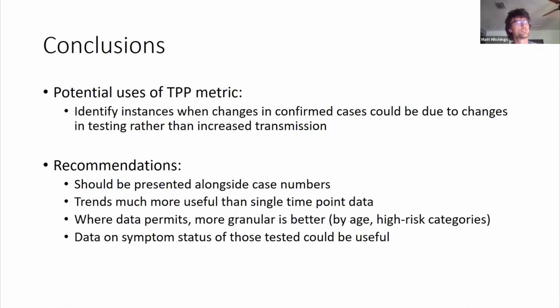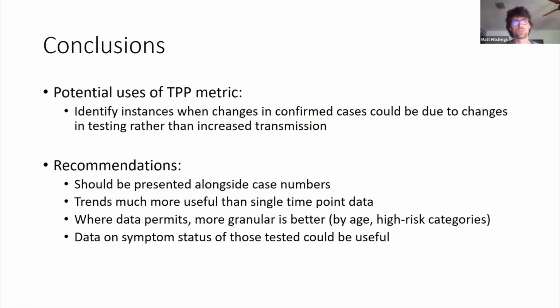So in plainer English, if you're going to claim that a change in confirmed cases is due to increased or decreased testing, then you should have the data to back that up with TPP, as long as you have broken it down into the right groups. And if you don't have that data to substantiate that claim, then probably your prior hypothesis will be the most likely one, as we saw in Florida: increased cases and increased TPP means you probably have underlying increases in transmission.